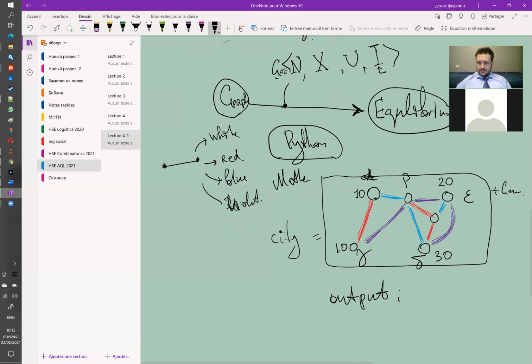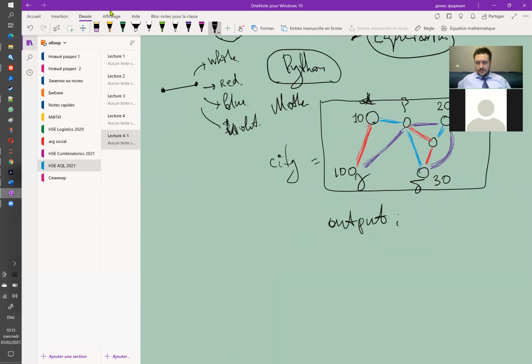The output is just red. It has to choose, and the best idea is to choose alpha, then blue chooses delta, then red chooses gamma, and beta is skipped. And blue and red just skip. They don't want to place more shops. So here there is a red shop, there is a red shop, and there is a blue shop. And this is the solution of the game.